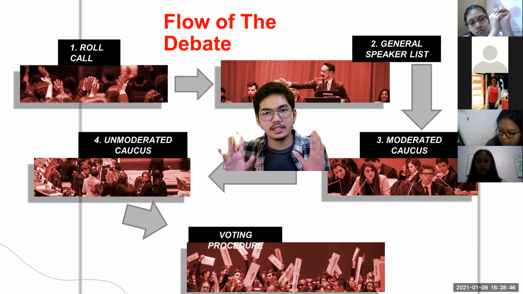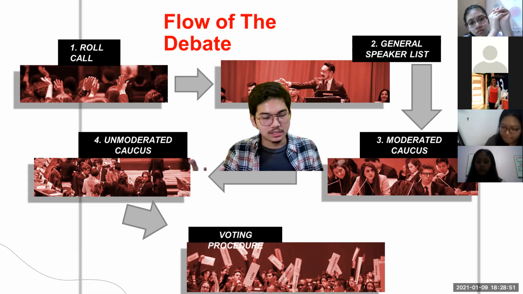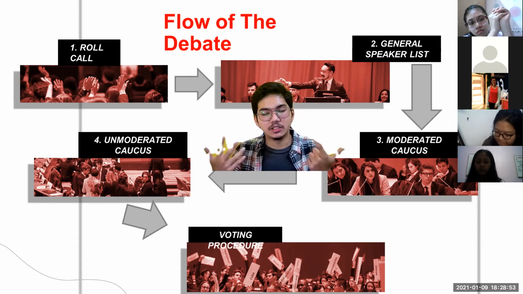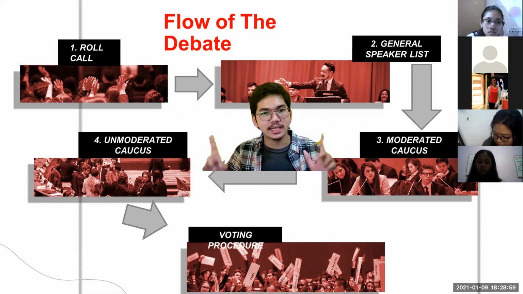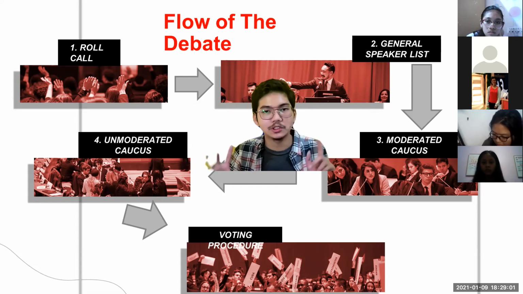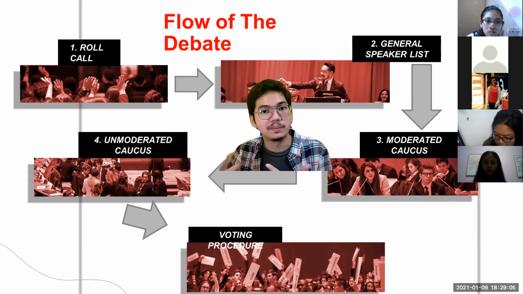So when you are in a real UN meeting, your job is to represent your country, right? Your job is to make sure that every other country present in the meeting understands exactly what your country needs, what your country believes in, and what your country wants to do about it.